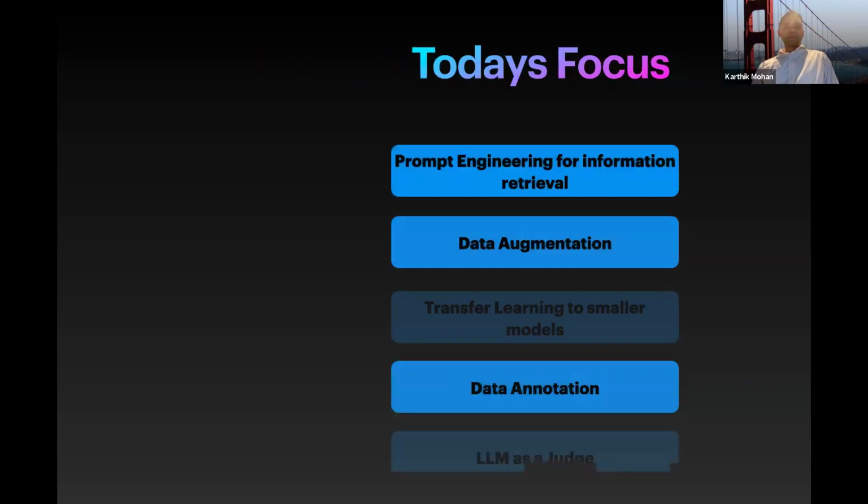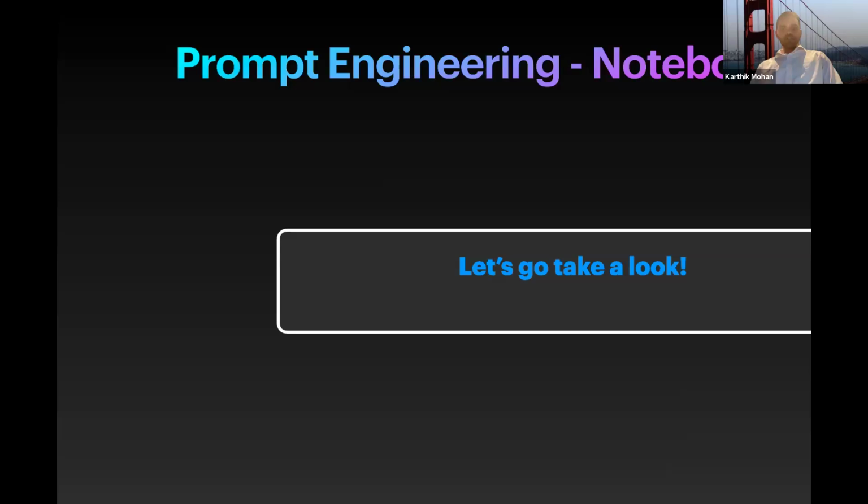But now LLMs can also act as judges, and they can evaluate other LLMs. So this will also show up in your mini project 2. Today's focus will be a notebook on prompt engineering for information retrieval, data augmentation, and data annotation. So let's take a look at the notebook.